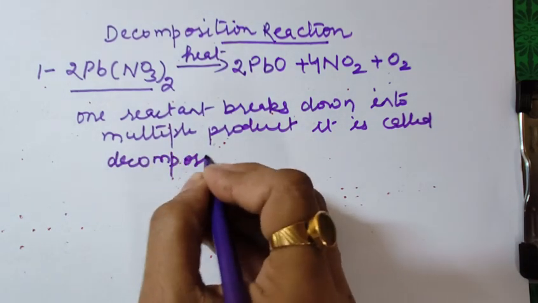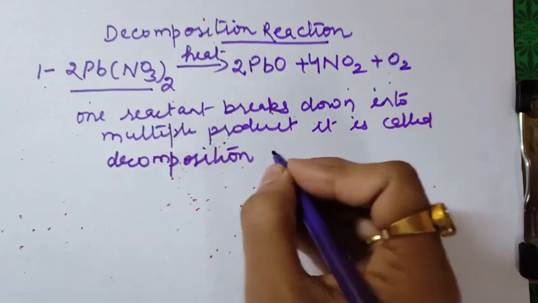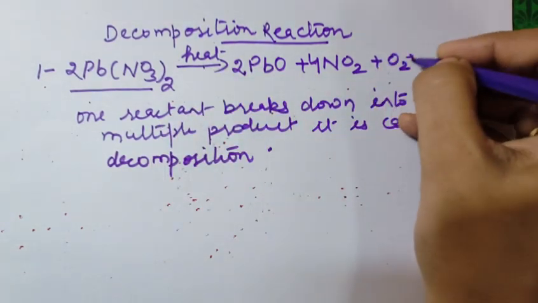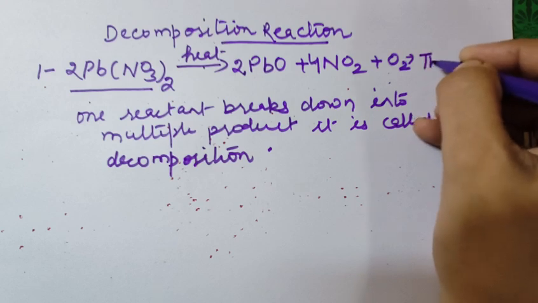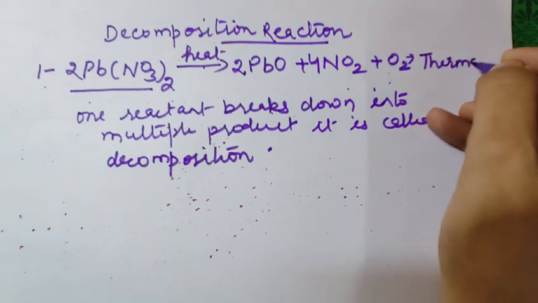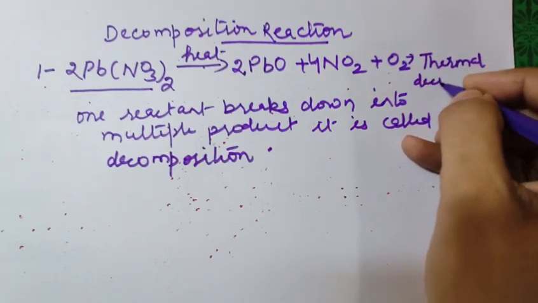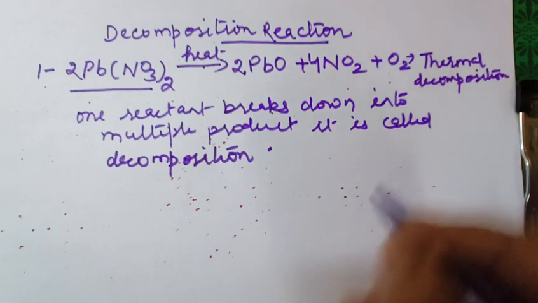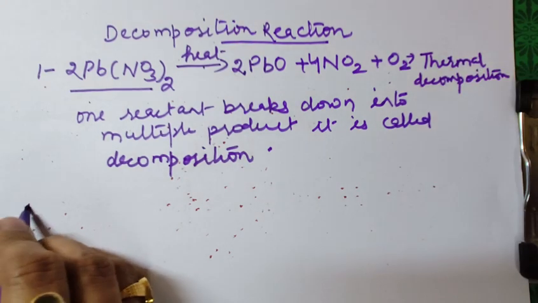Okay. When this decomposition takes place by heat, it is called thermal decomposition. When decomposition is taking place by heat or brought about through heat, it is called thermal decomposition.